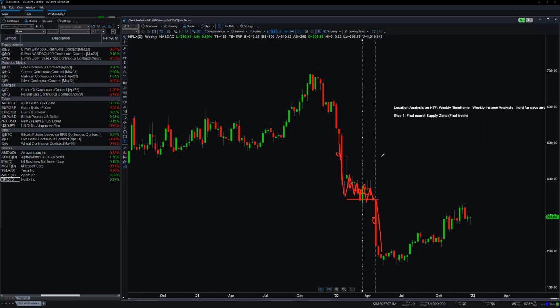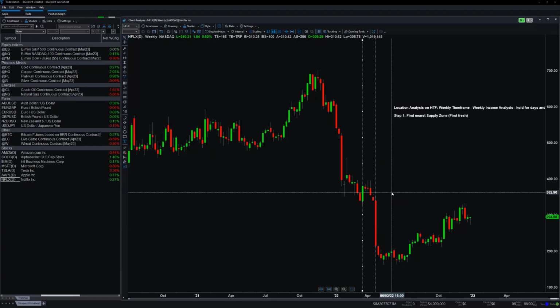Then I could draw my lines around, but I could also say I have a rally, base, drop, and I could draw my lines around here. Both I could do, and both would be correct.